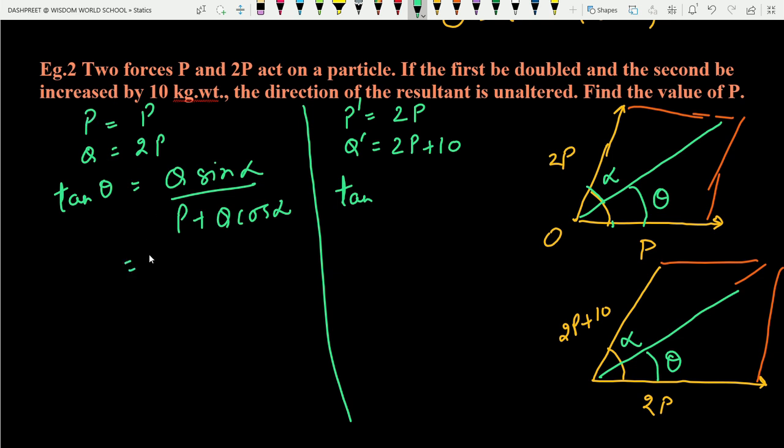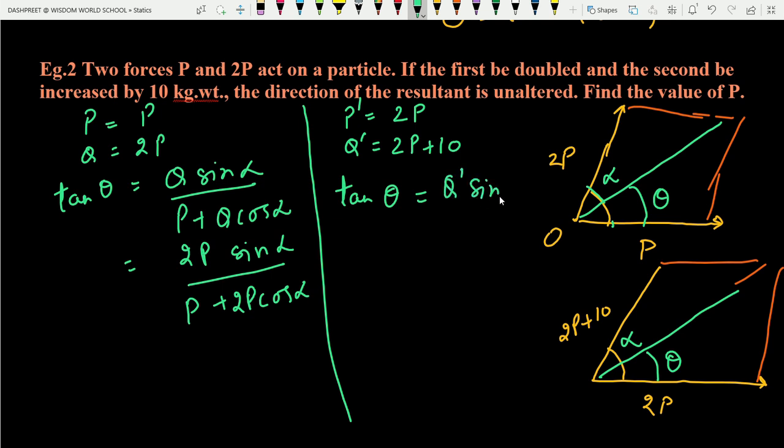In the first case P is P. So putting the values for the first case, we have Q की जगह आ जाएगा 2P sin alpha और P is P and the value of Q is 2P cos alpha. Here in this case we will have tangent theta as Q dash sin alpha divided by P dash plus Q dash cos alpha.